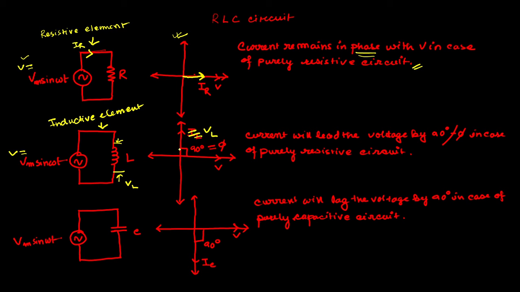So we can here see that the voltage drop across the inductor is leading the actual circuit voltage by an angle of 90 degrees. So here the phase difference or the phase angle is 90 degrees.